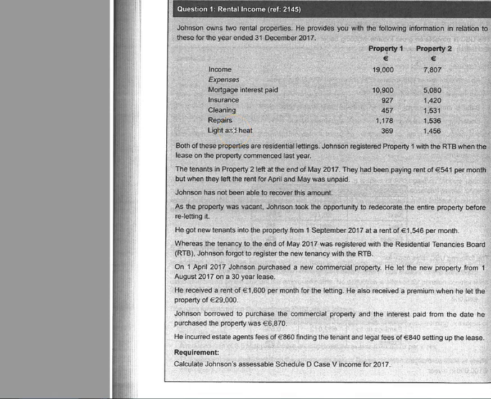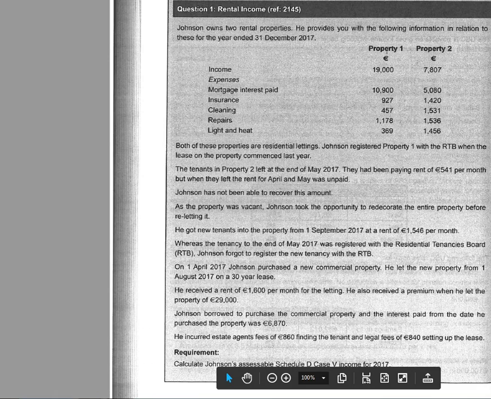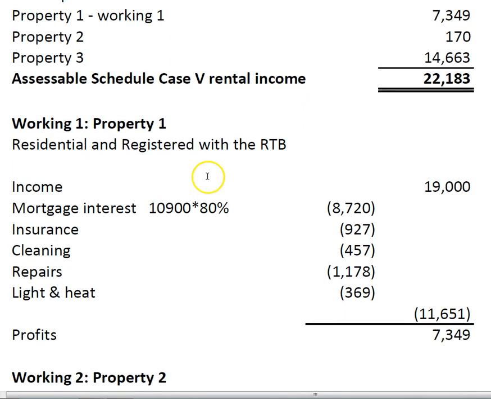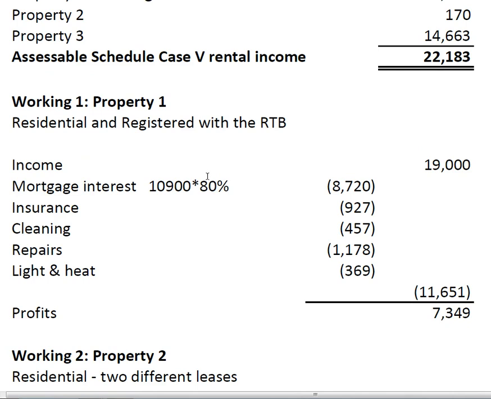They're all allowable expenses. There's nothing capital in nature there. So when you're doing this, we look at property 1. There's the income, and we just take away the expenses, and the mortgage interest gets reduced down to 80%, and that's our profit.